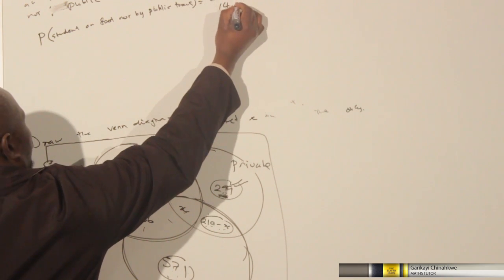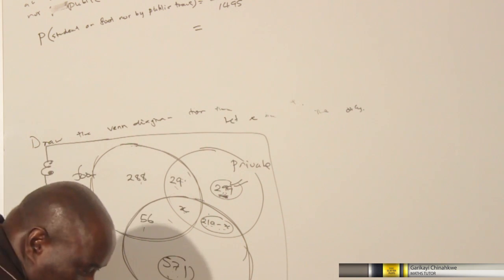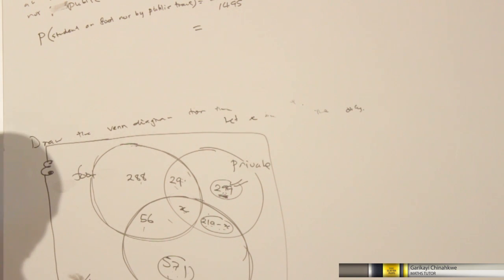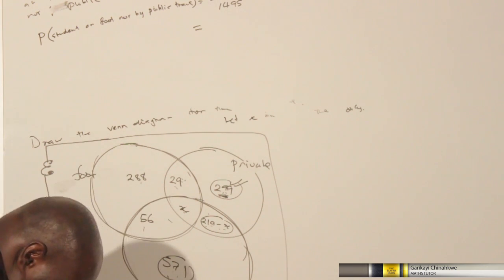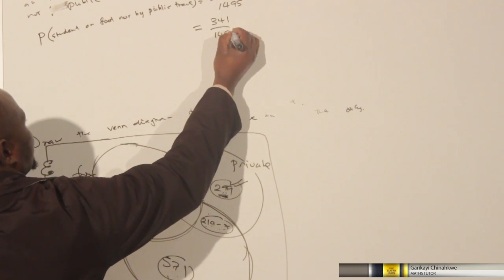We find out the total is 1495, which gives us 299 plus 42, which is 341 over 1495.